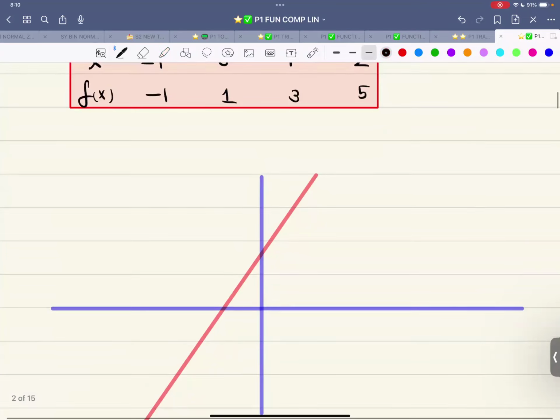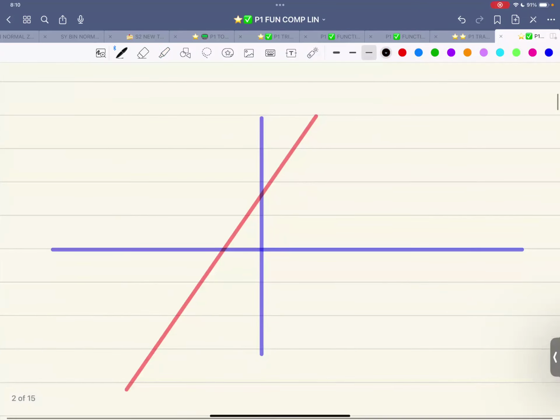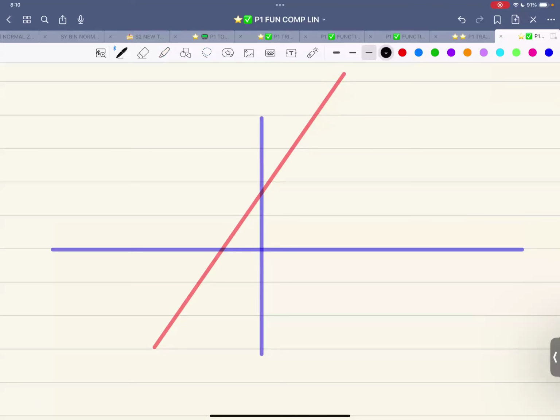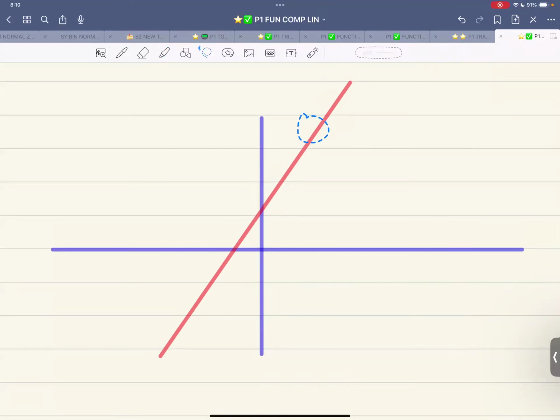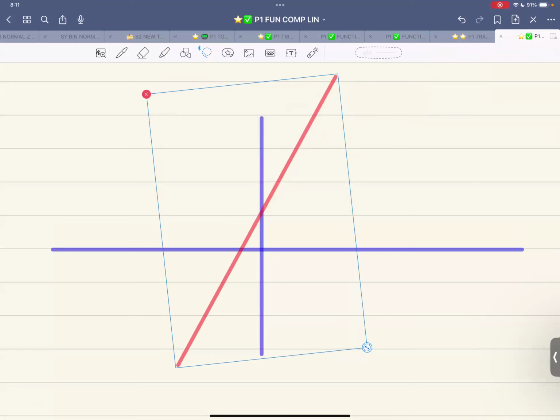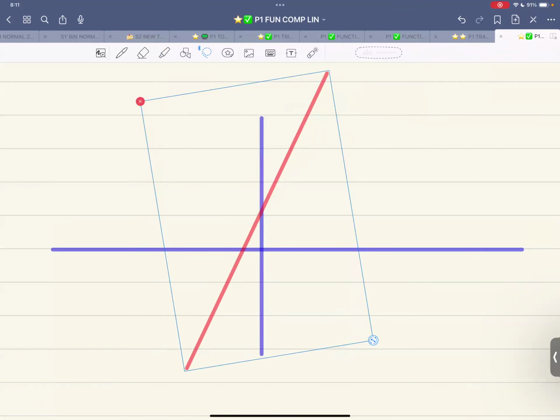Now, if I focus on these values, let me just pull this up a bit and shift it down. Okay, I think this is better.